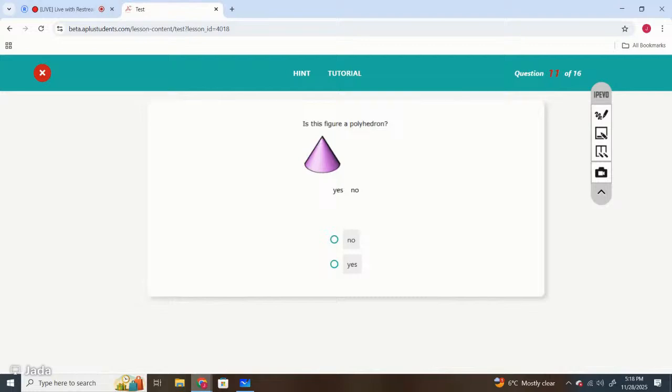No. Is this shape a polyhedron? Is this shape a polyhedron?